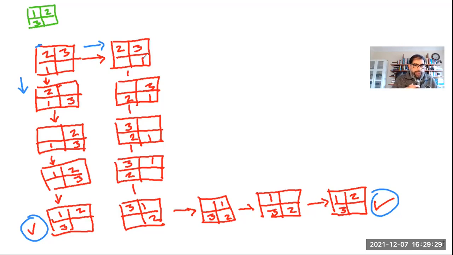Heuristics are a way of finding out which one is more promising, which direction is more promising. For example, over here, the heuristic that I can design is that I can find out which of these 2 moves that are available to me will take me closer to the desired state, right?